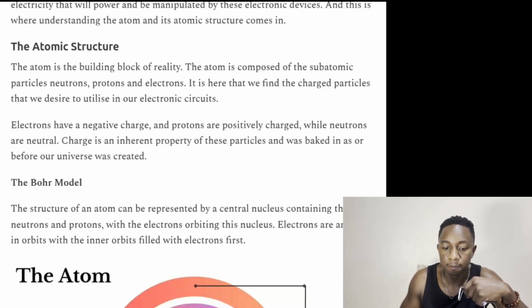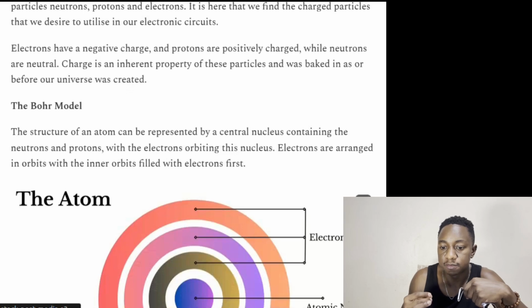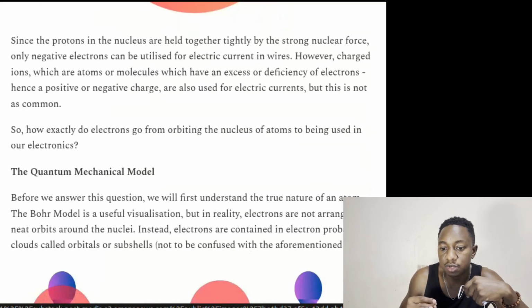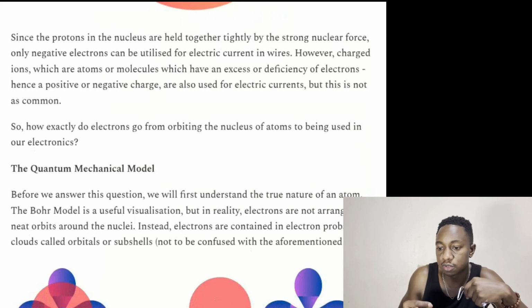The Bohr model. The structure of an atom can be represented by a central nucleus containing neutrons and protons with electrons orbiting this nucleus. Electrons are arranged in orbits with inner orbits filled with electrons first. Since protons in the nucleus are held together tightly by the strong nuclear force, only the negative electrons can be utilized for electric current in wires.